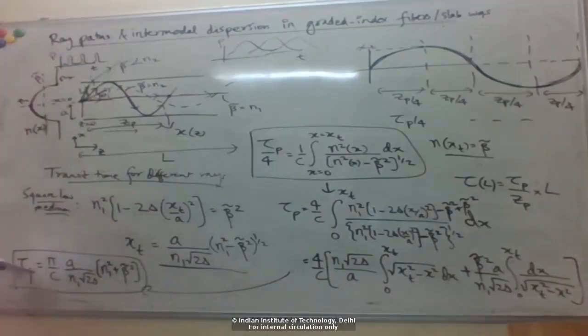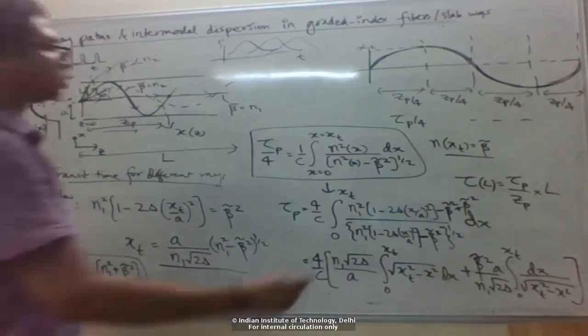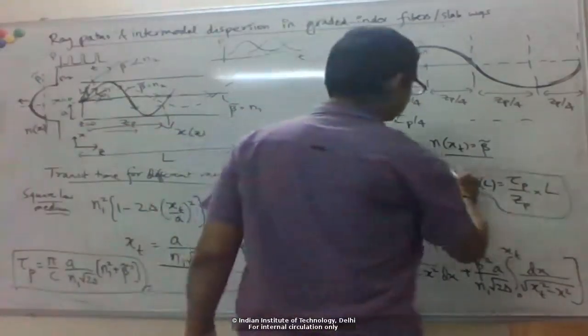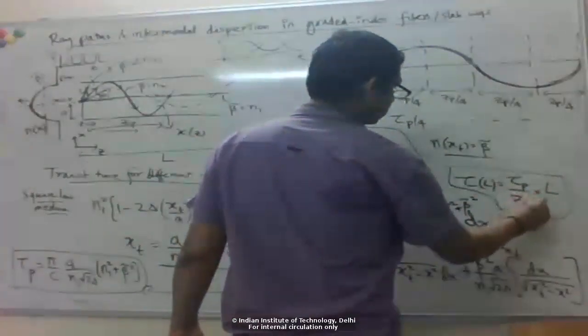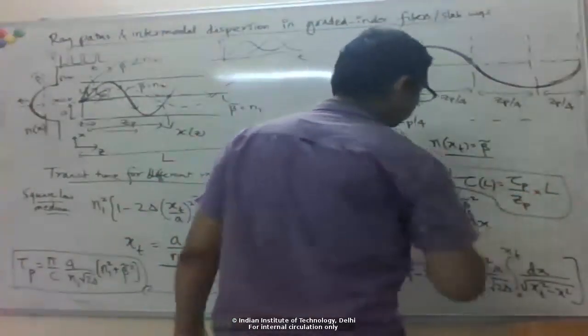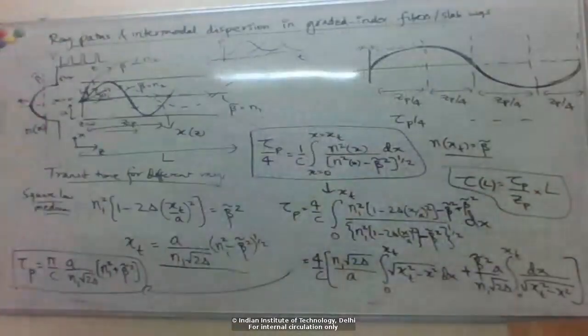Okay, so we have this expression for the period. To calculate the total transit time, along with the time taken to cover one period, we also need this expression for the period, which we already derived from the ray equation.